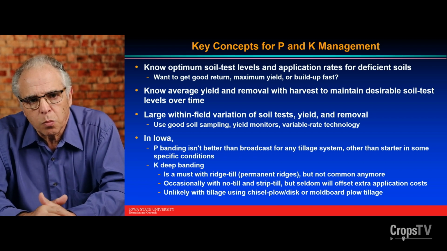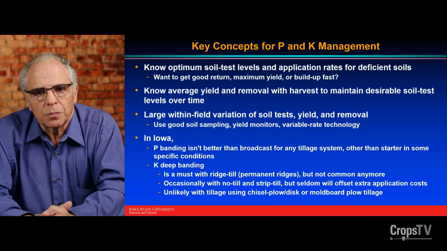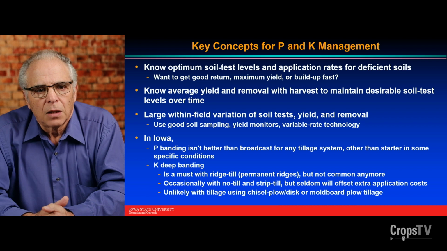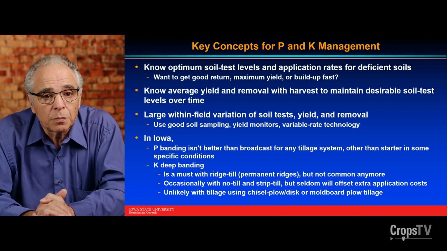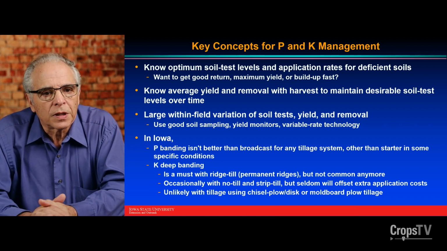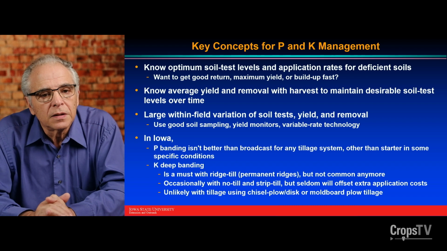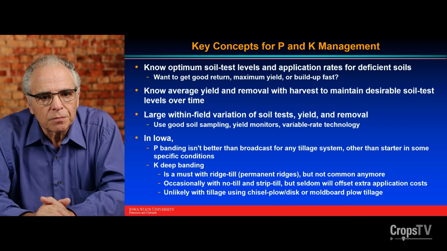So we usually explain what our guidelines are so they can interpret them right. We also need to know the average yield and removal with harvest for P&K in order to maintain whatever soil test levels you want to maintain. We recommend to maintain what we call the optimum category.